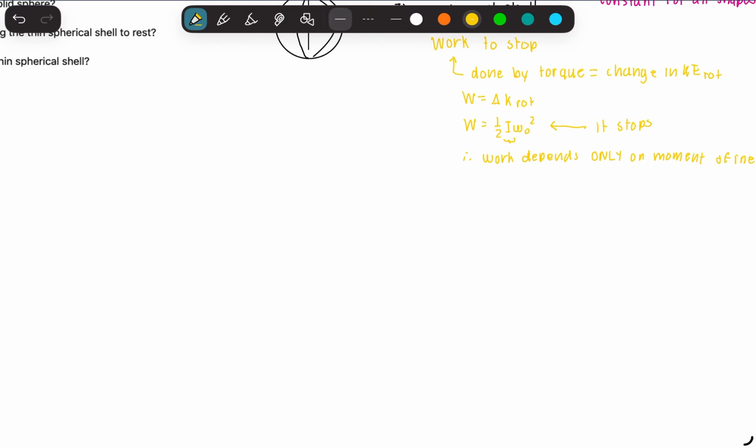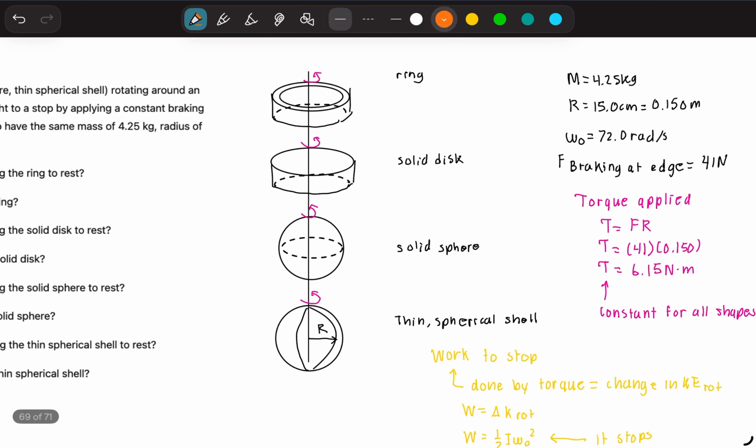So what is our moment of inertia for our ring?